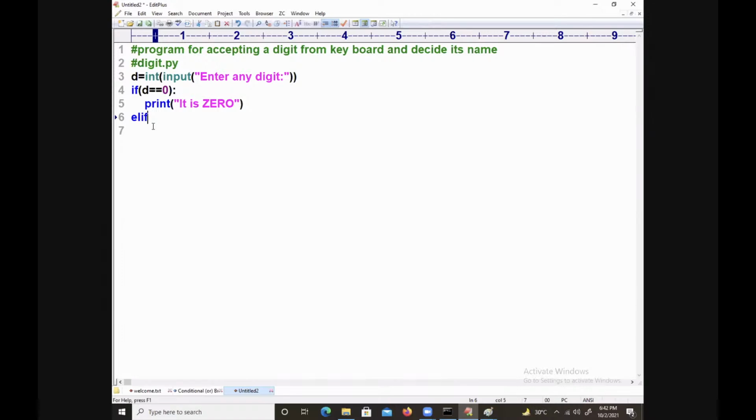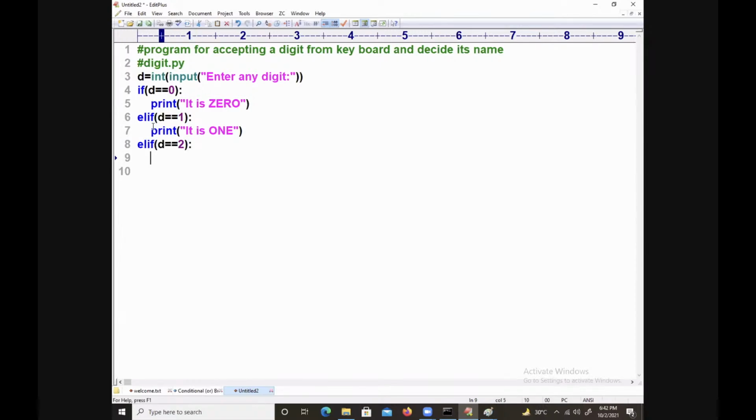I'm going to say d == 1. Print of, what is it? It is 1. Yes, 1. elif I say d == 2.